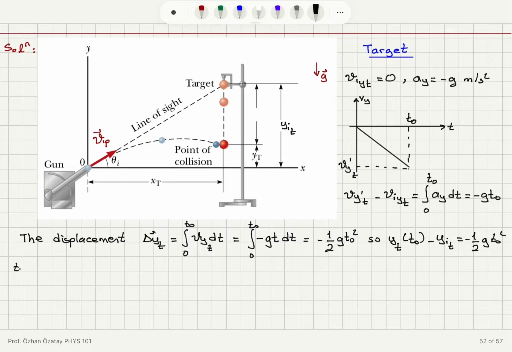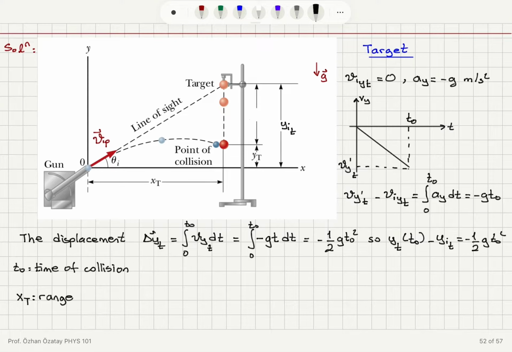So t0 is the time of flight or time of collision. I'm suggesting that there will be a collision. And I also call the distance the projectile travels on the x-axis the range. xt is the range of the projectile motion.